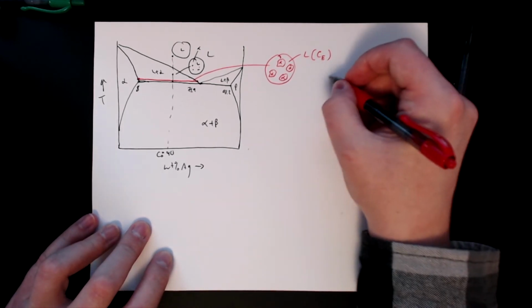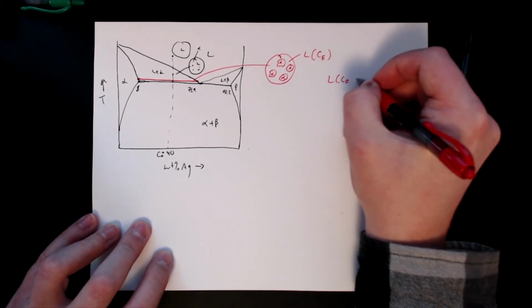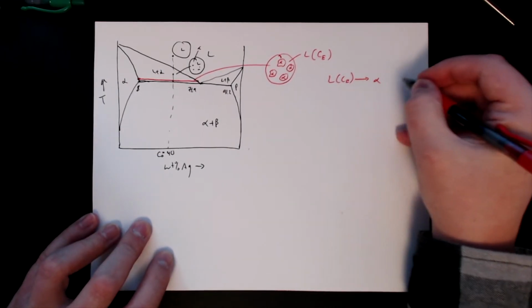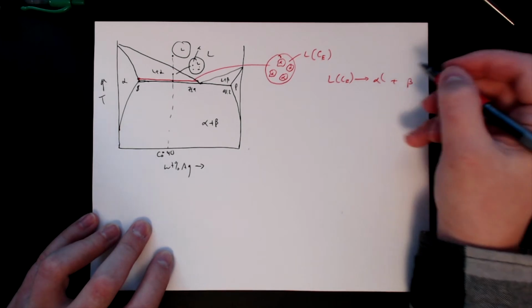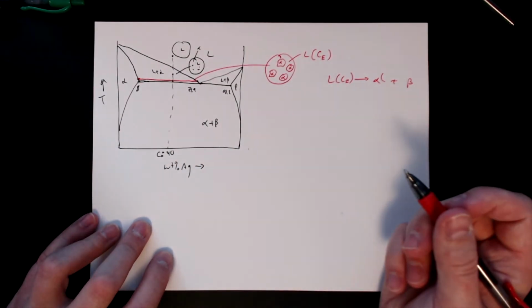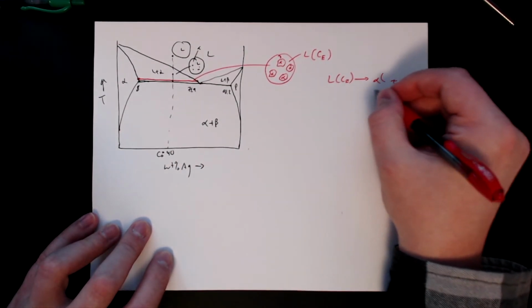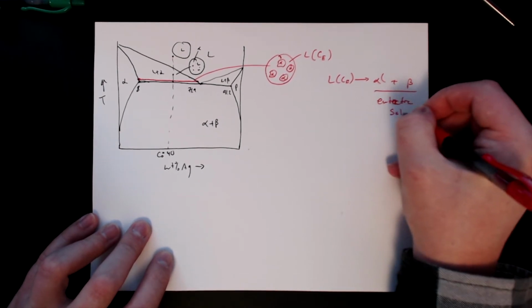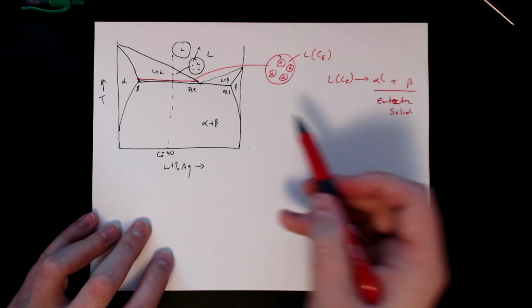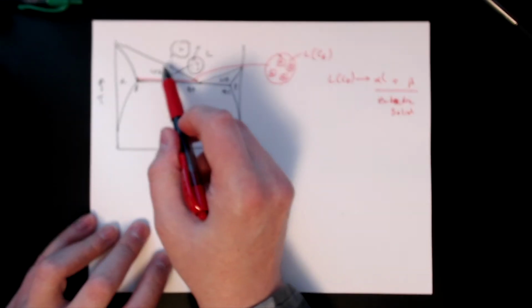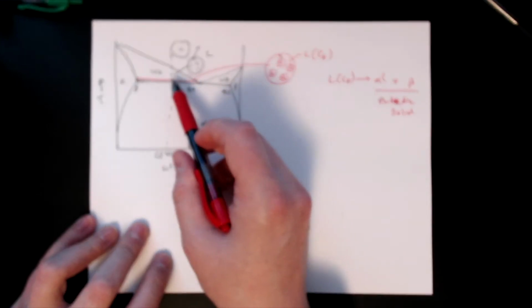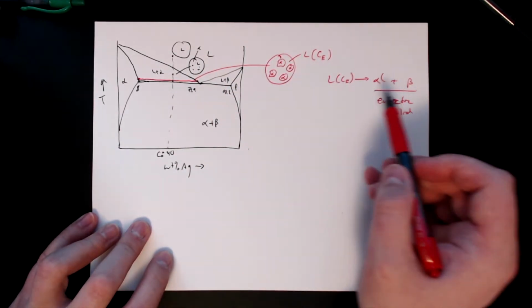That means the liquid will go through that reaction to form alpha plus beta, and both of those are at the eutectic. So this is the eutectic solid. What we can do here is calculate the amount of alpha and the amount of liquid, and what we know is that the liquid will become this eutectic solid.